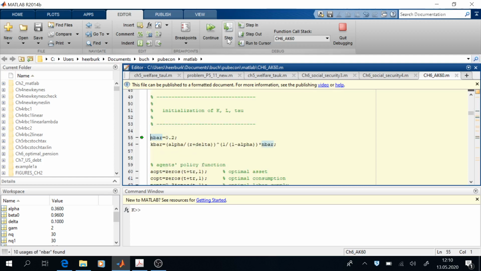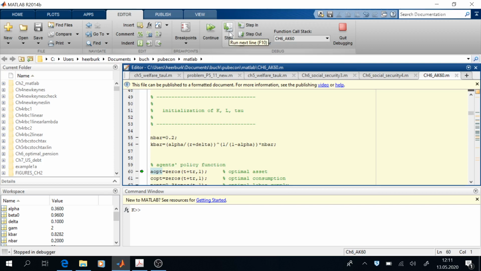We start with our initialization of the aggregate labor supply n bar equal to 0.2, as we argued previously, and our capital stock follows from the fact that the real interest rate is equal to the marginal product of capital minus depreciation delta. So our capital stock that's implied by this calibration here, the initial value, is 0.8282. And as we will find out, it's already a very close guess of the final solution.